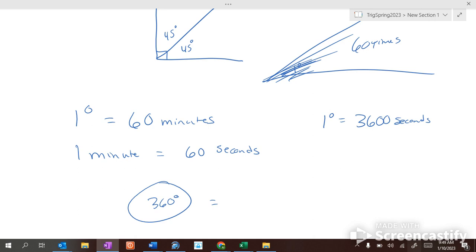Big number, with at least 3 zeros on the end of it. There are 1,296,000 seconds in one circle. All right, so that is not all that relevant to us. We don't have to worry about that too much.